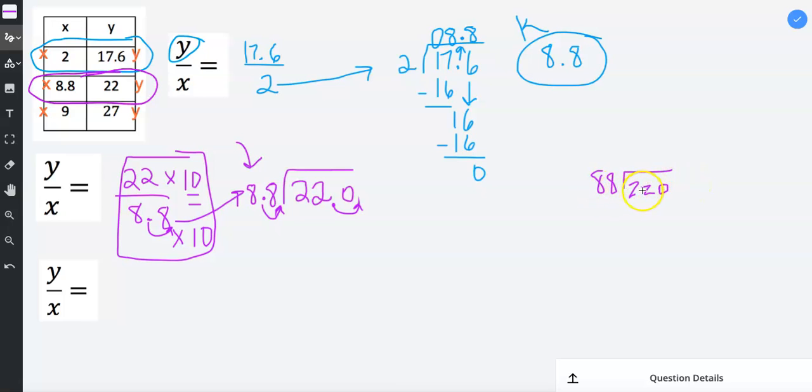All right, 88 goes into 220. Well, 88 is pretty close to 100. So I'm guessing that 2 100s would go into 220, so 88 goes into 220 twice. 8 times 2 is 16, carry the 1. 8 times 2 is 16, plus 1 is 17. And I know that if I add another 88 to 176, it's going to be too much.